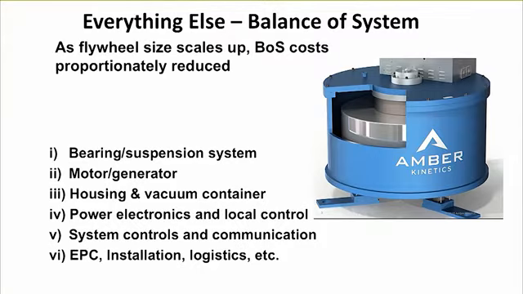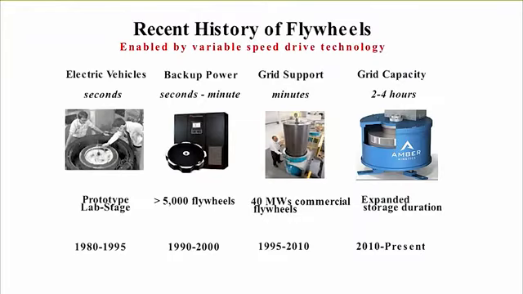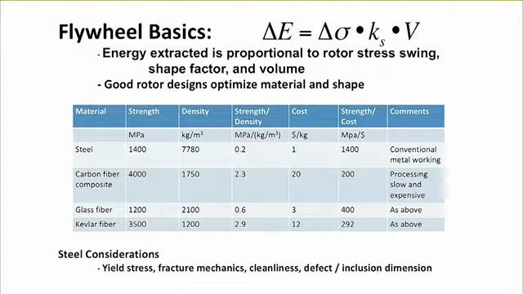In some sense, where the tire meets the road is that steel rotor. Sorry, wrong slide. I'll give a homework assignment related to one equation in today's lecture. The equation says that the change in energy, this is kinetic energy, is the change in stress state times a shape factor times the volume of the rotor.